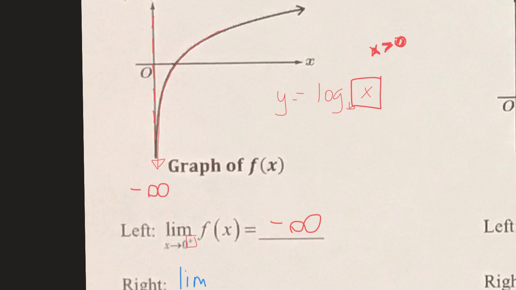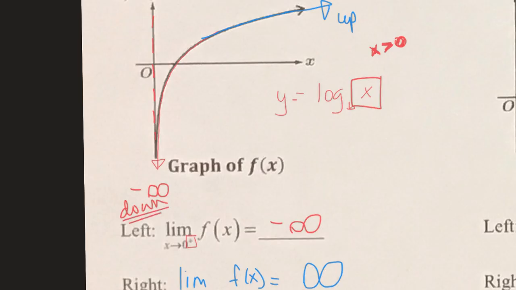As x approaches positive infinity, going over to the right side, our arrow is pointing up, which means our limit goes to positive infinity. If the graph goes down, that goes to negative infinity, and if the graph goes up, the limit is positive infinity.